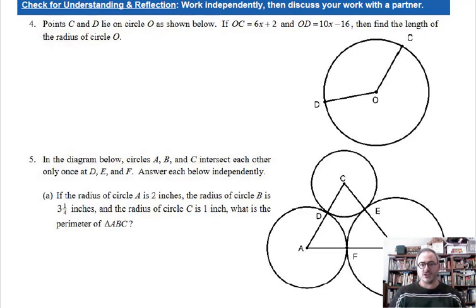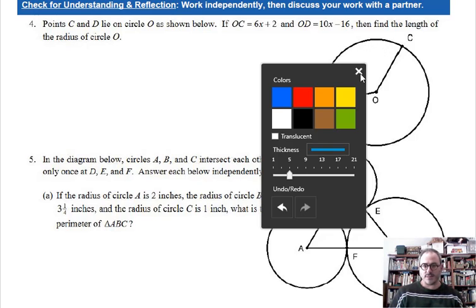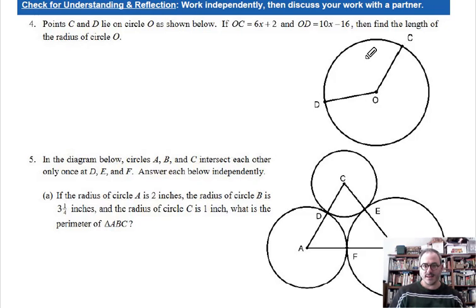So I should, let's see, this is going to be... I wanted blue, thanks. 6x plus... this is awful. I cannot write small with this device. It's just not going to work.